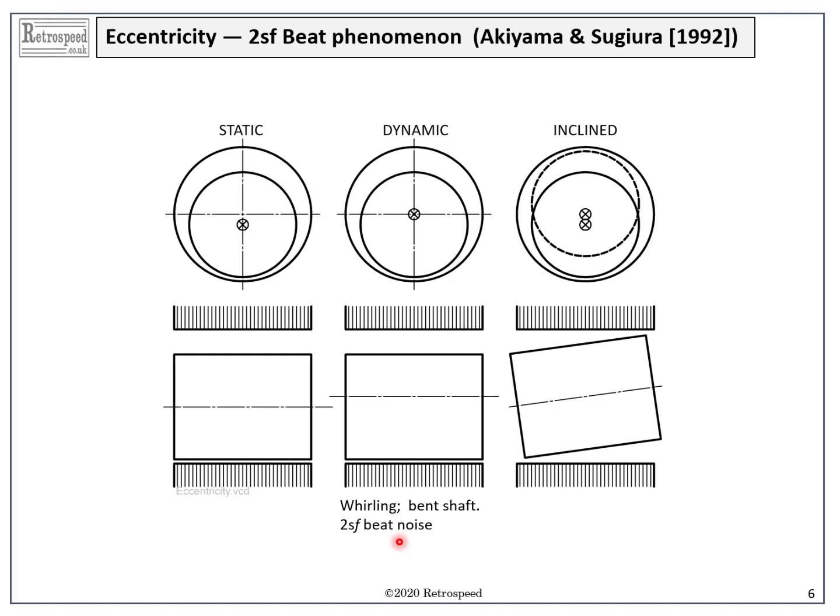By a program of theory and experiment, they showed that the middle one, dynamic eccentricity, could result in a beating noise at twice the slip frequency. In this mode, the rotor is pulled over to one side as if by an unbalanced magnetic pull or radial force, and it may whirl around the shaft center line.